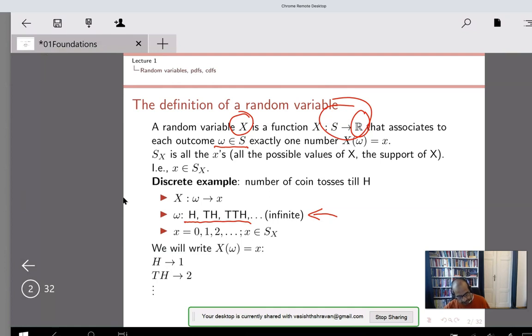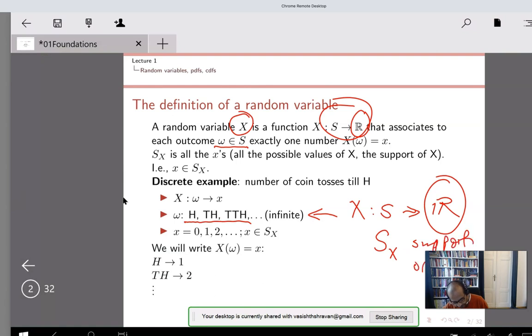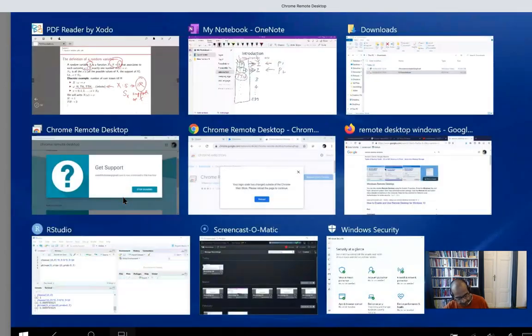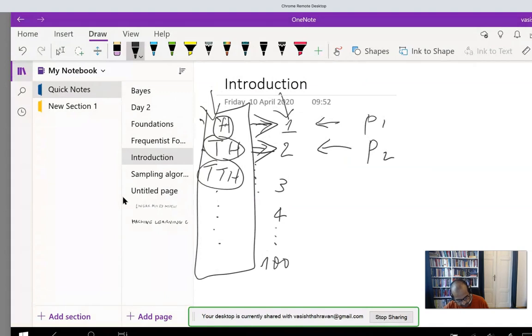Okay, and so this range of possible values that we get when we map the set S to the real number system, right? So that's what this random variable X is. This set of numbers is going to be called S sub X, which is the support of X. We'll call this the support of X. And what the support of X is actually referring to is those possible numbers that we are mapping each of the possible outcomes to.